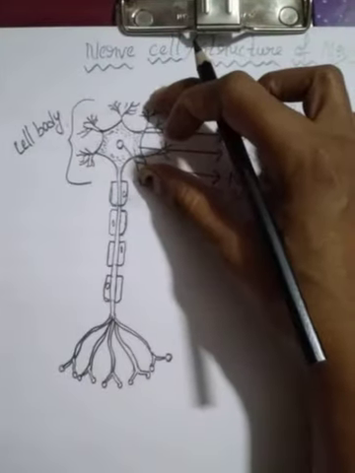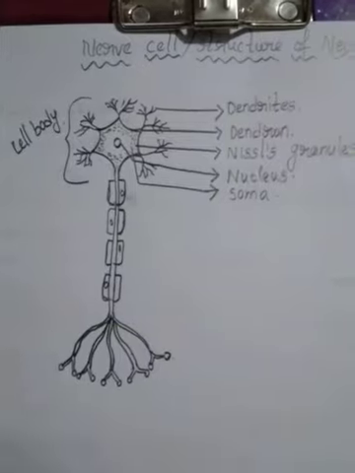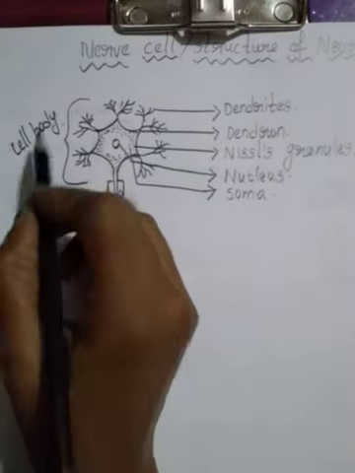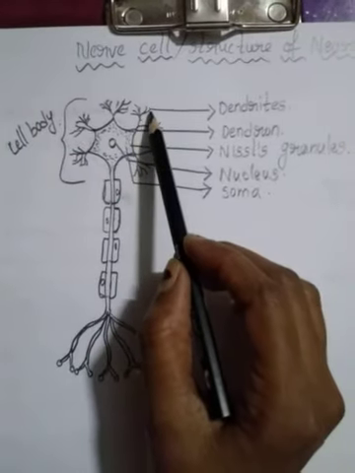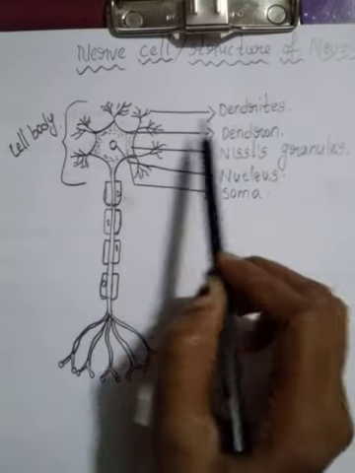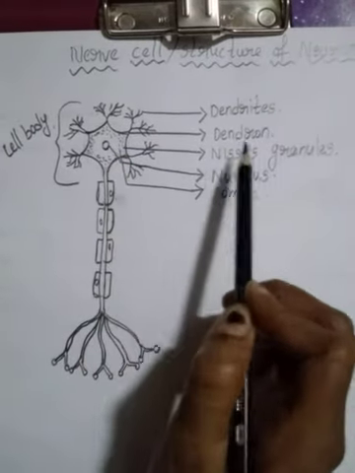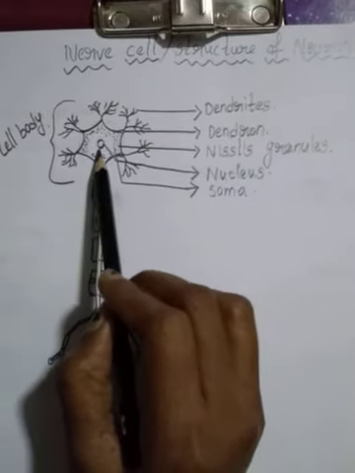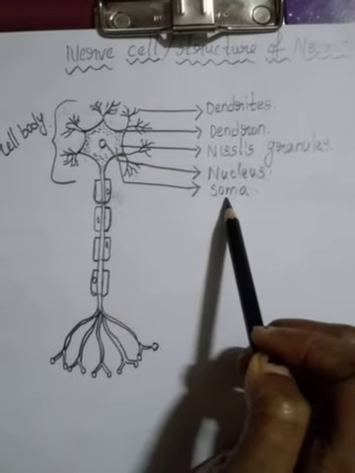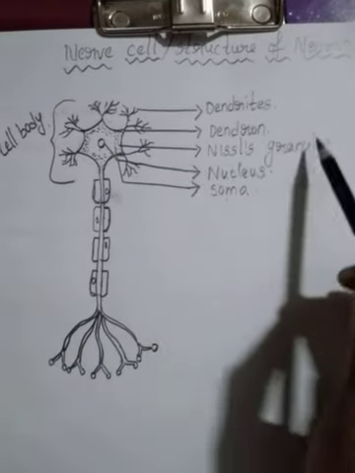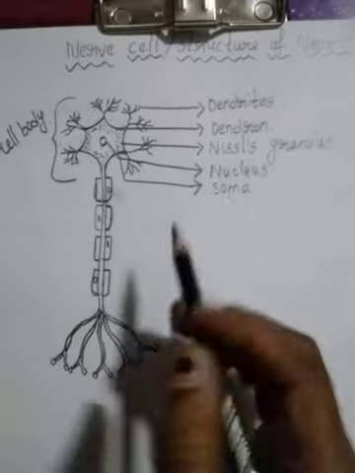In this cell body we can see dendrites, dendrons, Nissl granules, nucleus and soma. If we learn these parts, you can explain the answer very easily.